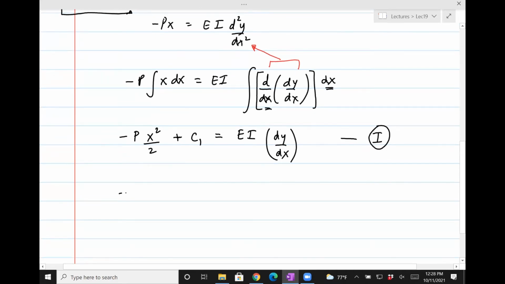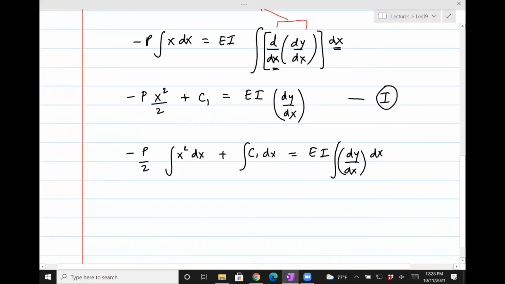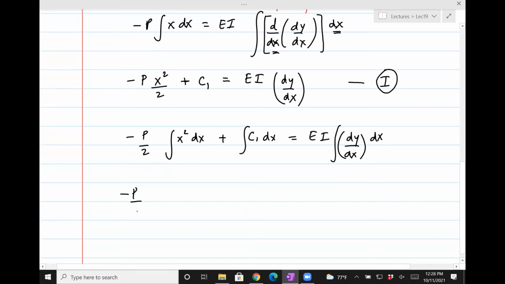So let's integrate it again. The integral of minus P divided by 2 x squared dx plus C1 dx equals EI dy by dx times dx. Okay, so then we have the integral of x squared is x cubed divided by 3, plus C1 x plus C0.